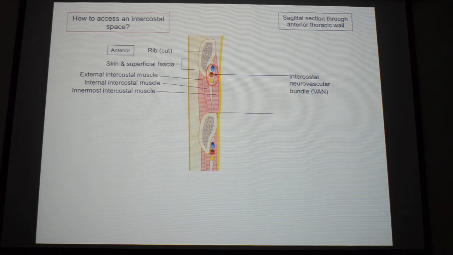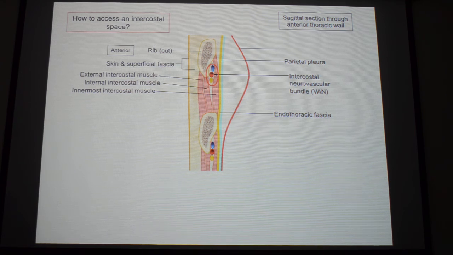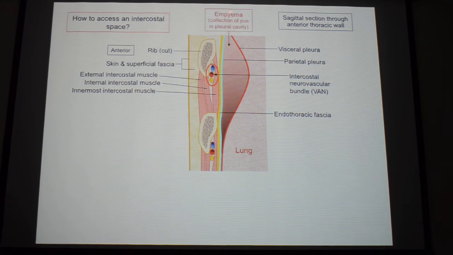Then we have the endothoracic fascia and the parietal pleura. But what happened to the visceral pleura? There is a swelling, and there is some pus. Once we have pus in the pleural cavity, that is known as empyema thoracis: a collection of pus in the pleural cavity.